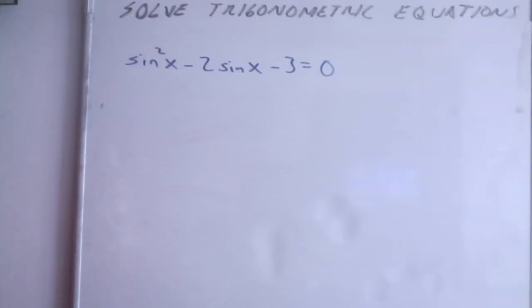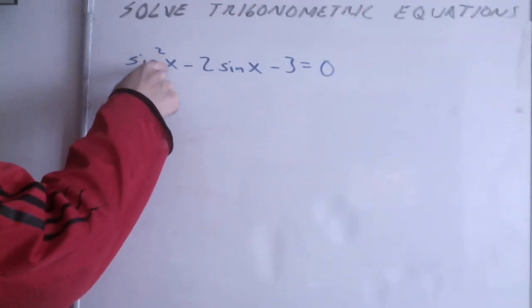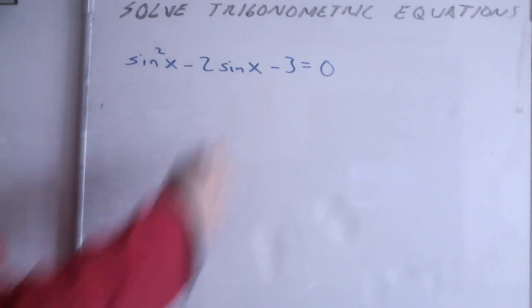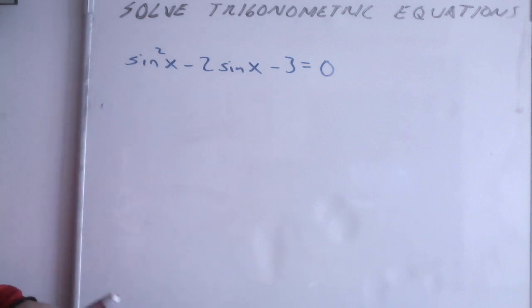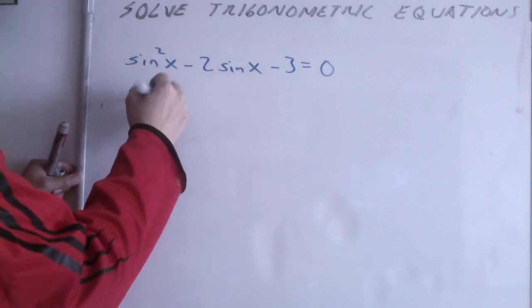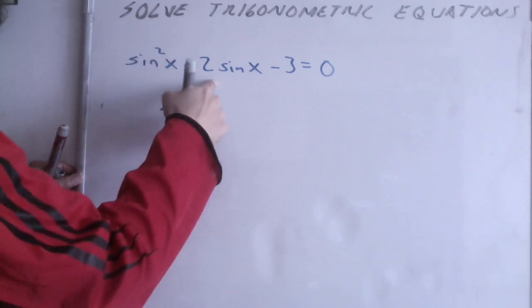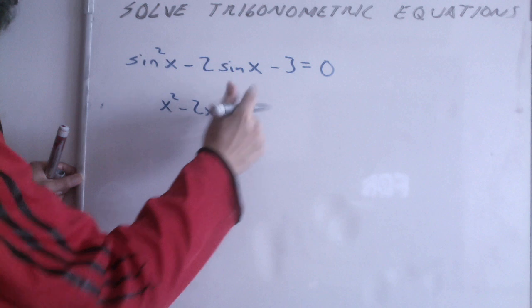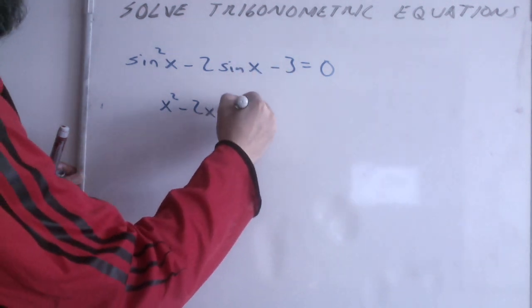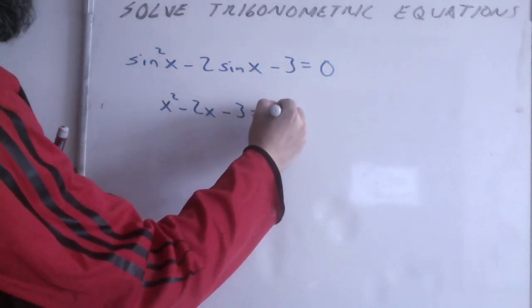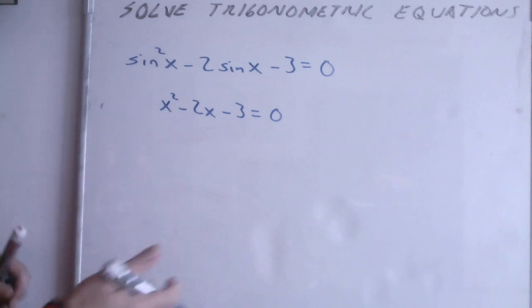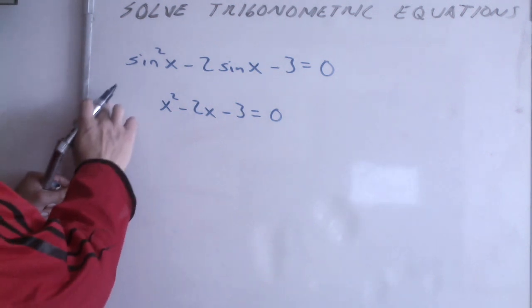Okay, now I have this expression. Do you see? This is sine squared x minus 2 sine x minus 3. I can rewrite this as, this is to the second power. So this is like x to the second power. This is minus 2x, and this is minus 3. So why am I writing this like that? So I can factor.